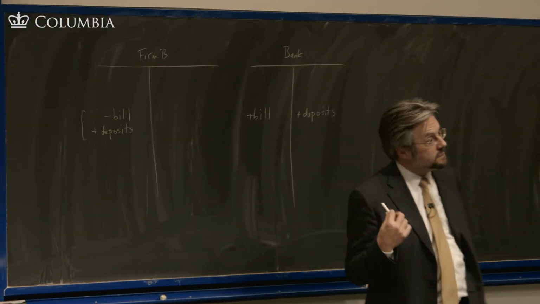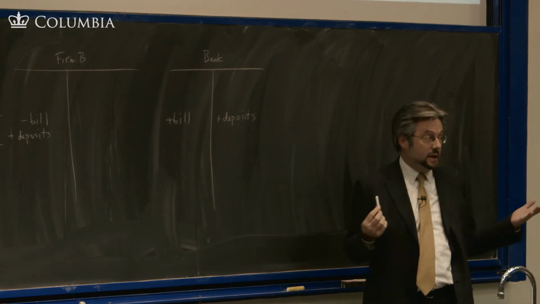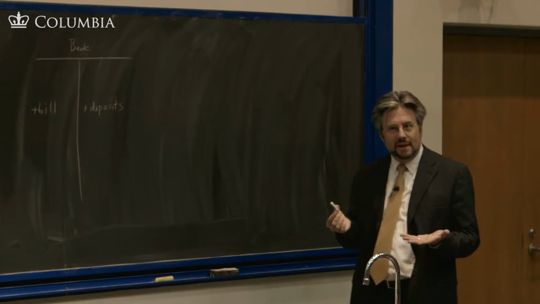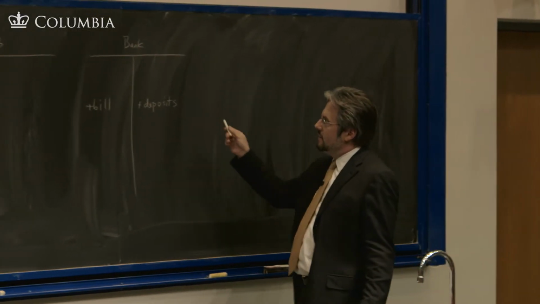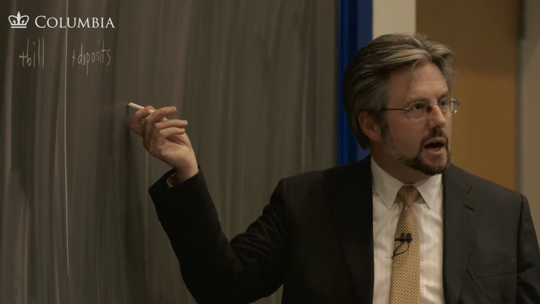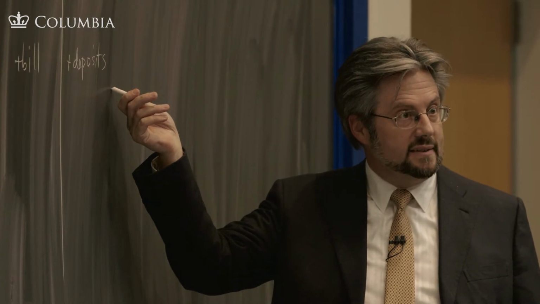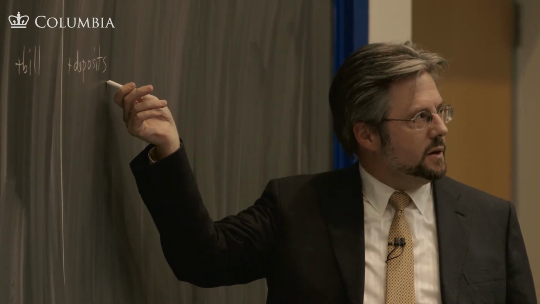If the bank doesn't want to get rid of its notes, or maybe it doesn't even have any notes, okay, if the firm is willing to accept deposits at the bank as a means of payment, this is a way to do the discounting, okay, without using any notes. You can economize on your notes in this way. If the firm is willing to accept deposits instead of notes.